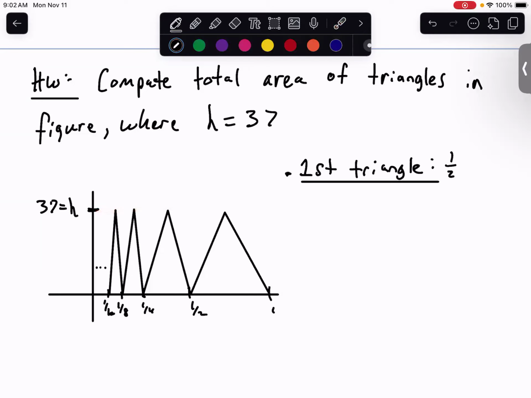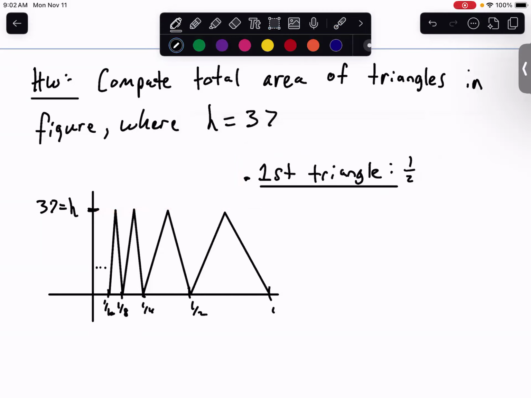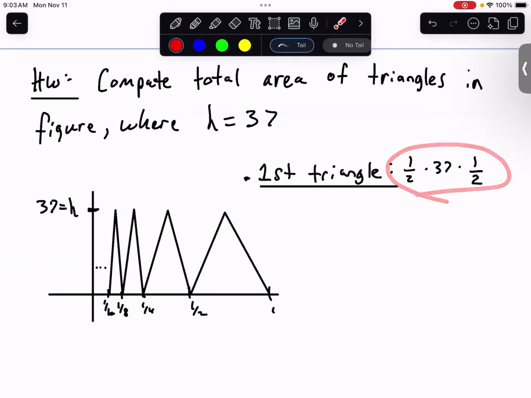So this is going to be constant for each of the triangles. It's always just going to end up being 37. So this will be 1/2 times 37. And then the base of this triangle is given by 1/2. So this is times 1/2. I'm just going to leave it like this. You could multiply and say this is 37 over 4, but I just want to record what's changing over time as we're going from one triangle to the next.